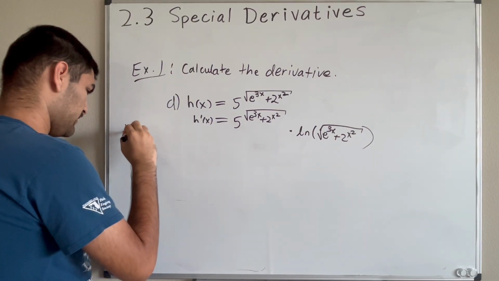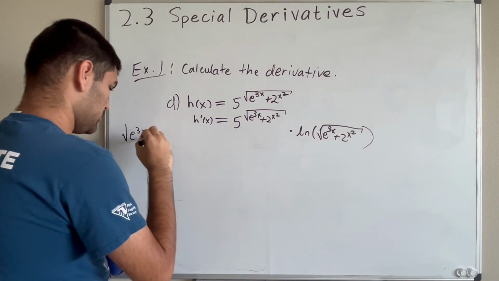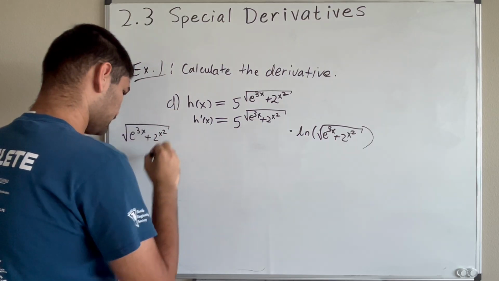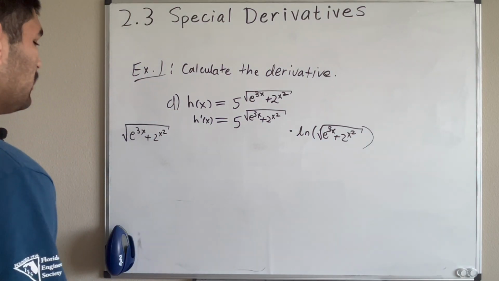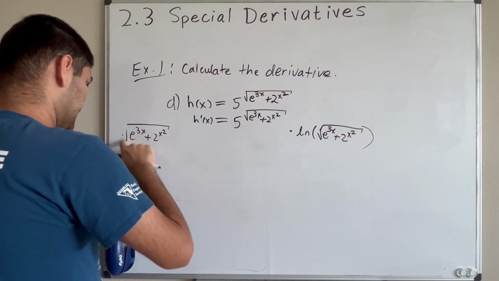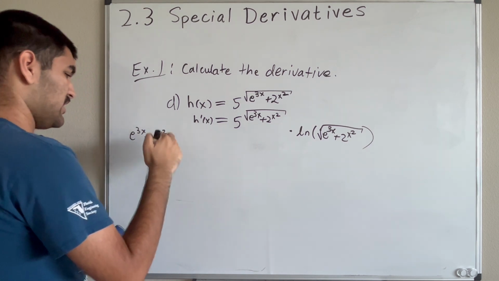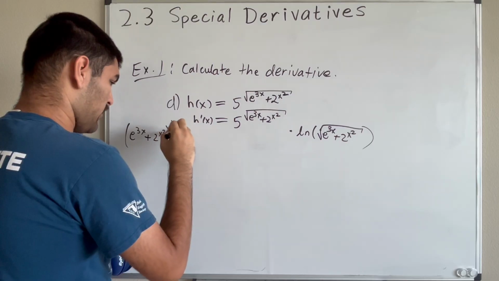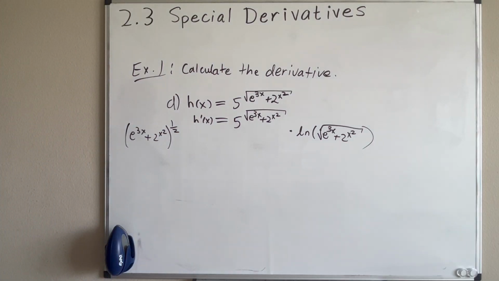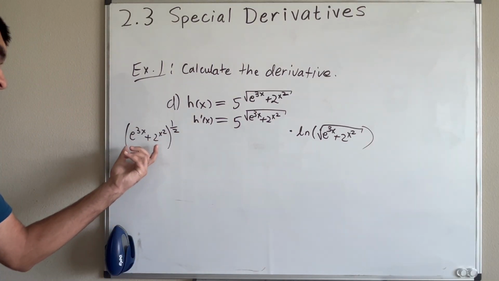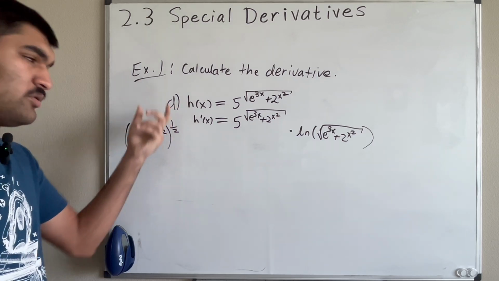So we have the square root of e to the 3x plus 2 to the x squared. Well, this is just the same thing as the 1/2 power, right? So remember I said that converting between square roots and 1/2 powers is going to be a super common practice. And the reason for that is because now we have written this as some variable to an exponent.